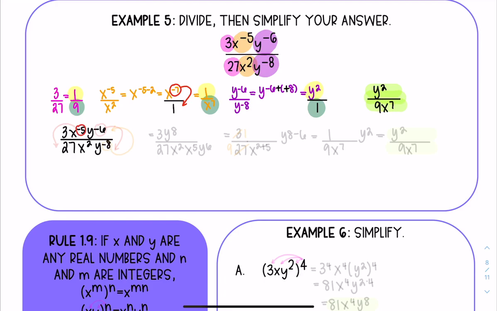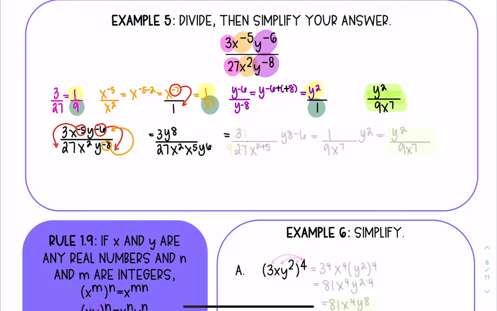So x to the negative 5, that's going to get flipped down. Y to the negative 6 is going to get flipped down. And y to the negative 8 is going to get flipped across to the top. So we have 3, and then y to the 8th goes to the top. And then on the bottom, we have 27, the x squared that was originally there. X to the 5th got moved to the bottom, and so did y to the 6th.